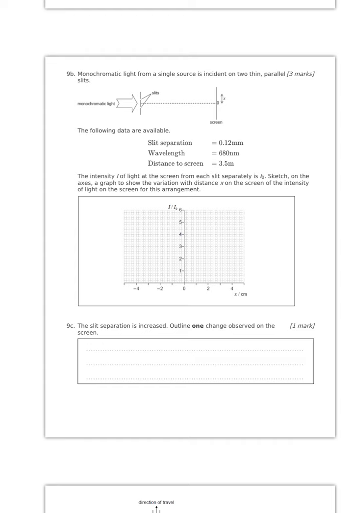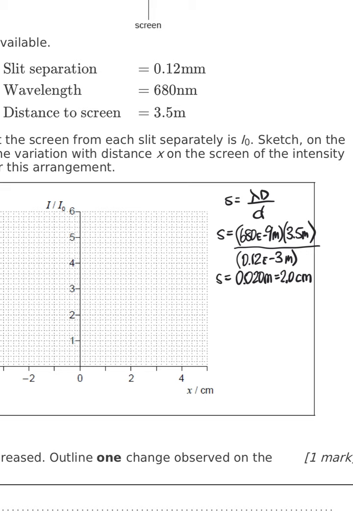And of course, we need to get the width of each maximum, the width of each peak. We need the position on the screen, so little s being the distance on the screen from the n equals 0 maximum to the n equals 1 maximum, and that's 2 centimeters.